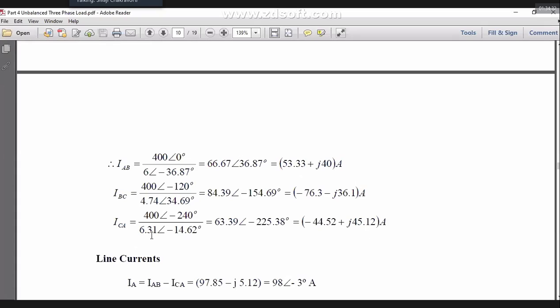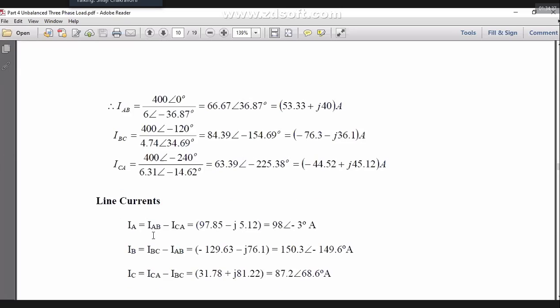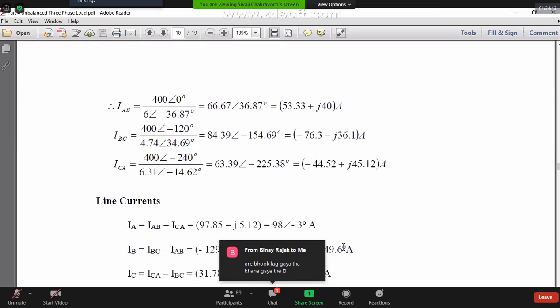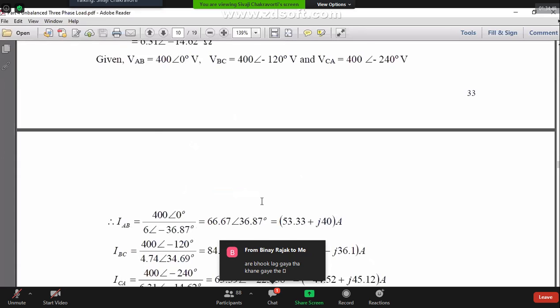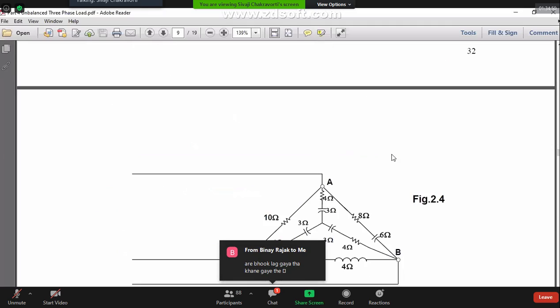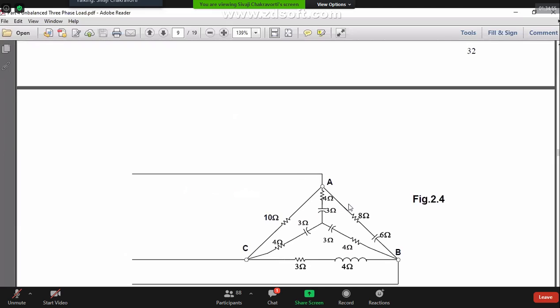And if they are not at the same potential, you cannot connect them together. That means the neutral of one star and the neutral of the equivalent star of the delta, if they are not at the same potential, you cannot connect the two neutrals, and therefore they are not in parallel. So if I convert the delta to star, there is every possibility that they are not in parallel.